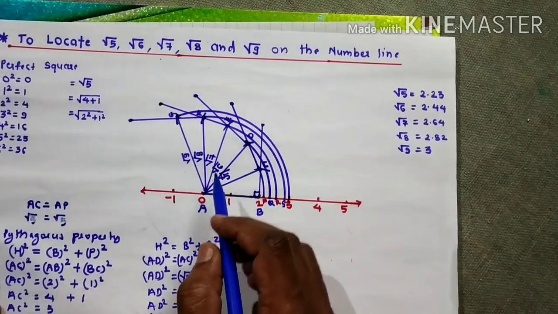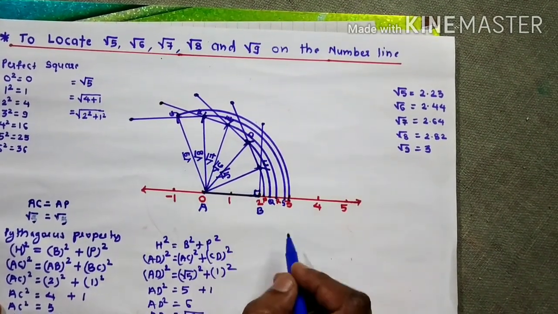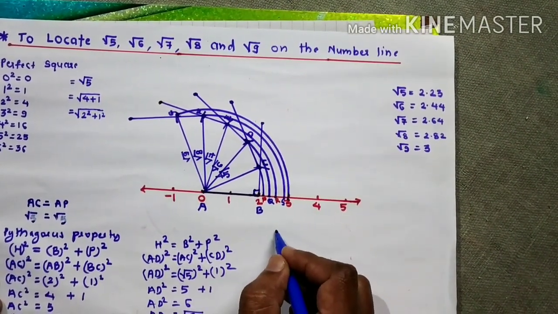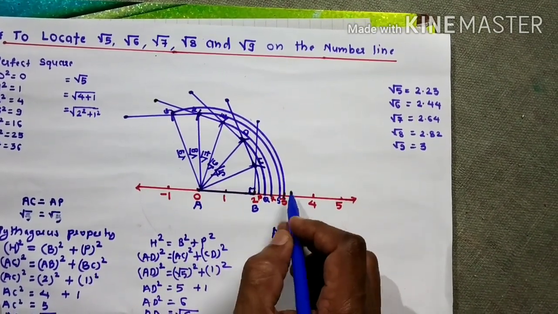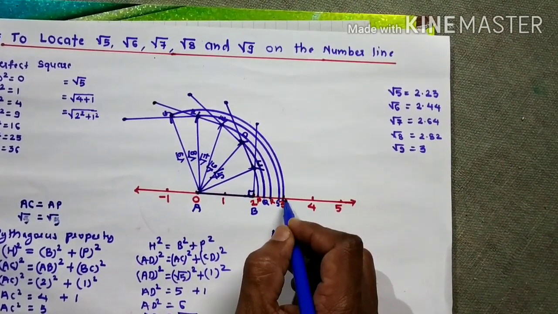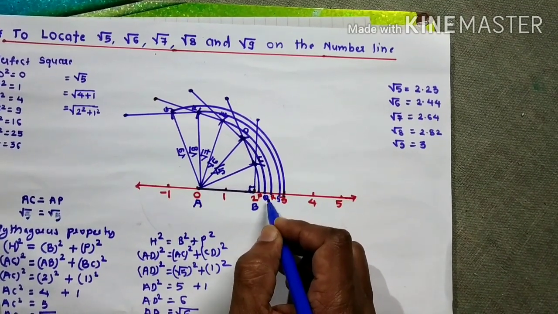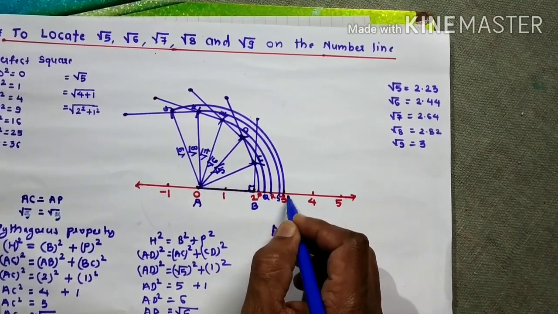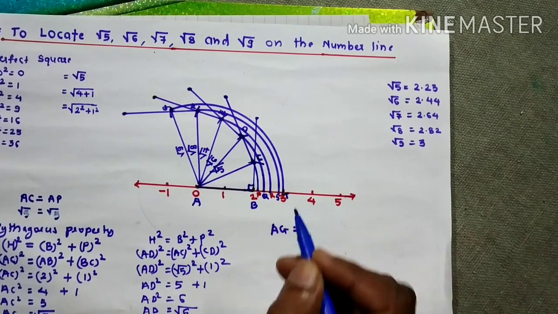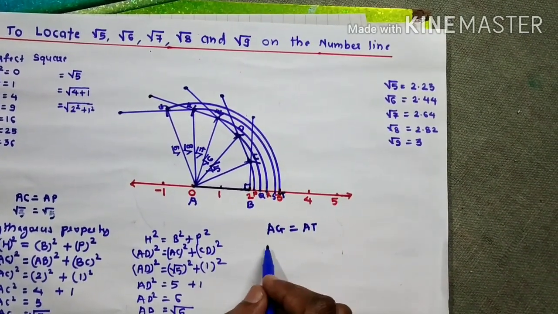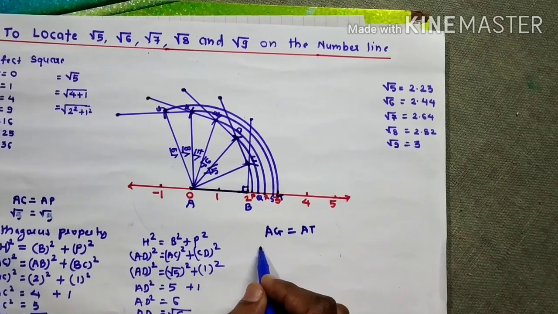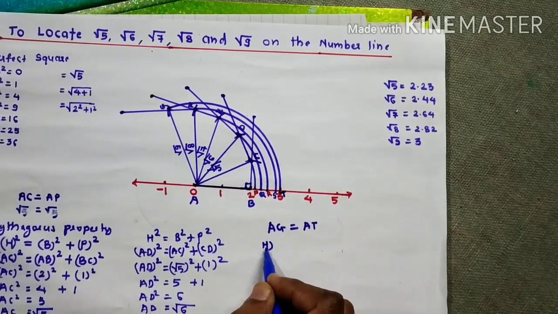Let me prove this root 9. So here AG is equal to, let me write names for these points. We shall write the Pythagoras property here.